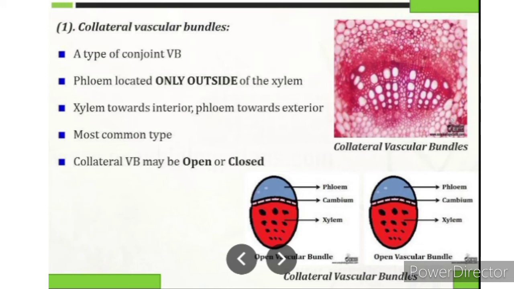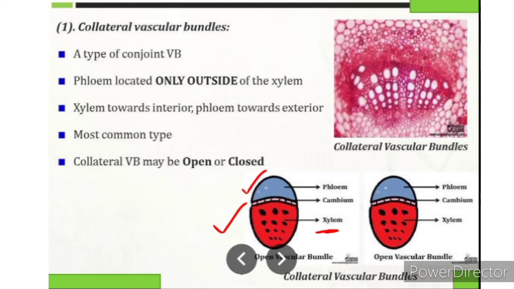Mainly, it is a conjoint type of vascular bundle where phloem is located outside of the xylem. Where phloem is present outside to the xylem. Here we can see the xylem is present to the inner side and phloem is present towards the outer side of the xylem. In between them, if cambium is present, then such type of vascular bundle is known as open type.